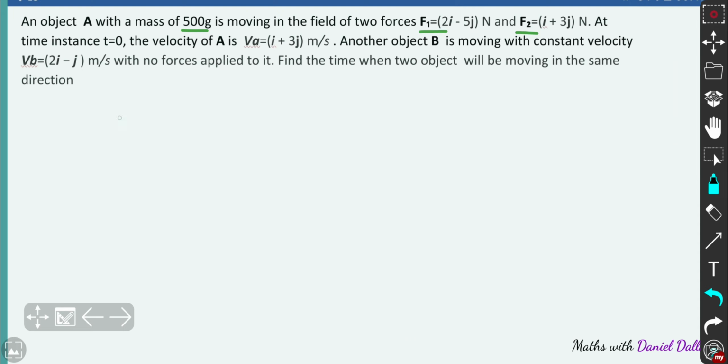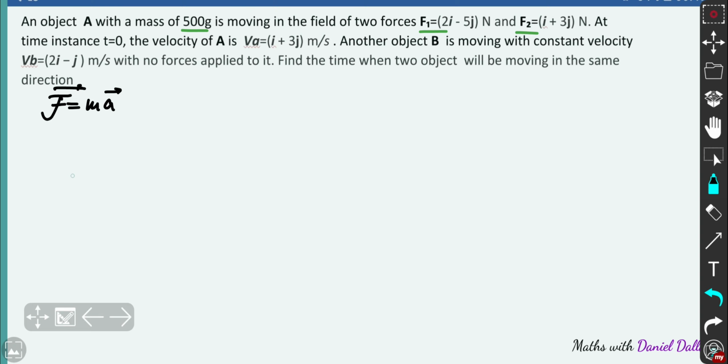Just remember that we have Newton's second law: the resultant force F is equal to ma, because it causes acceleration. No resultant force, no acceleration, which means the body keeps moving with a constant velocity, or if the velocity is 0, it just stays at rest.